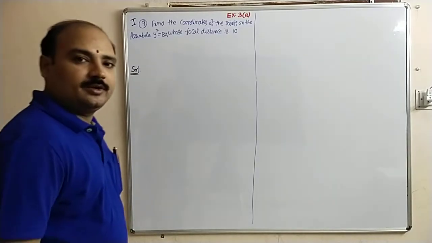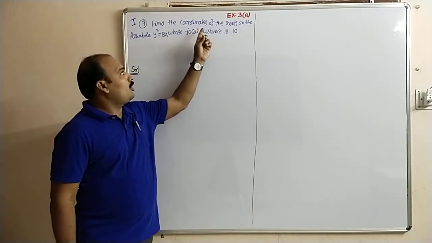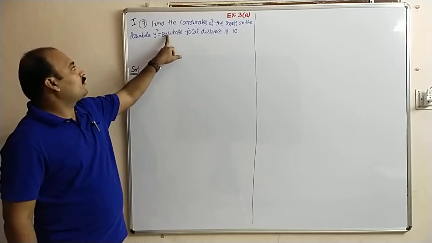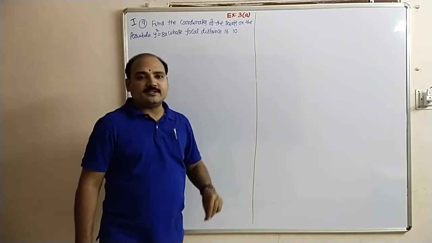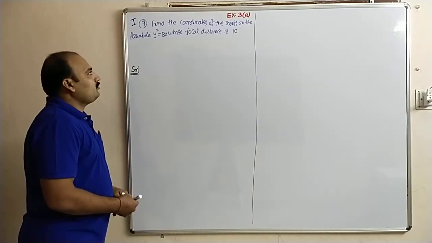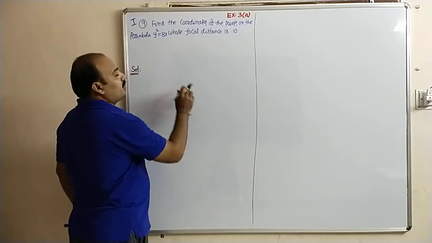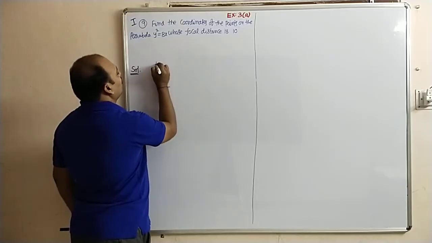The next question. Find the coordinates of the points on the parabola y square equal to 8x whose focal distance is 10. So first, find the coordinates of the point on the parabola y square equal to 8x.